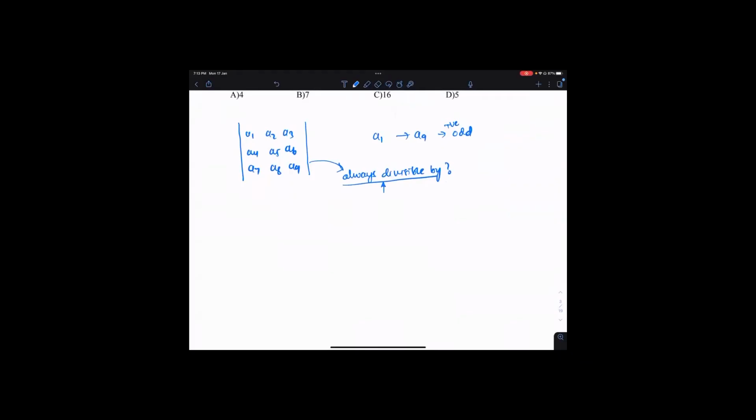If someone is saying it is always divisible by 4, and another is saying 8, then if 8 is correct, then if some number is divisible by 8, it is obviously divisible by 4, correct? But which one is the more appropriate answer? 8.